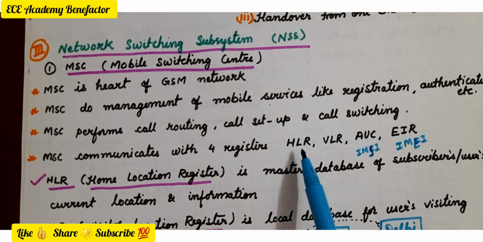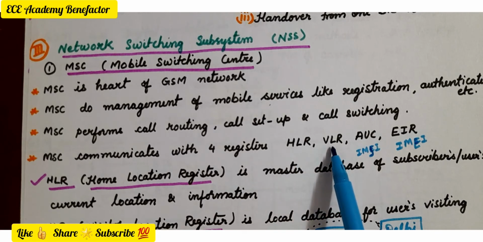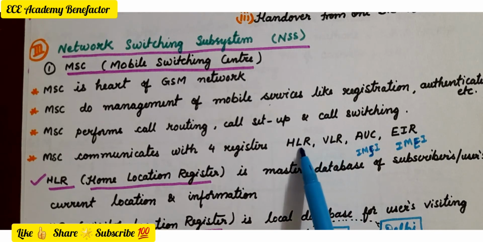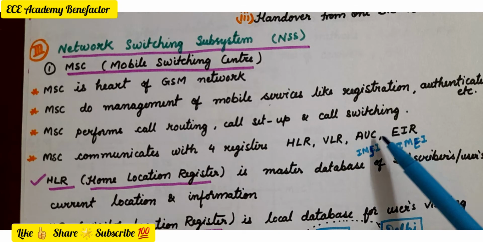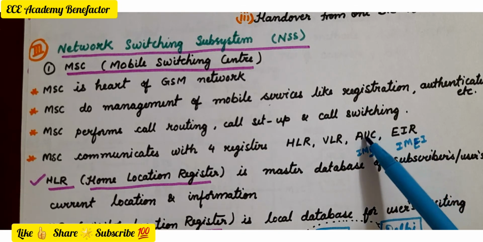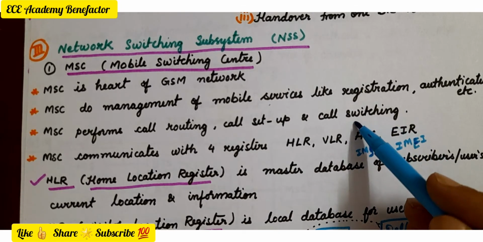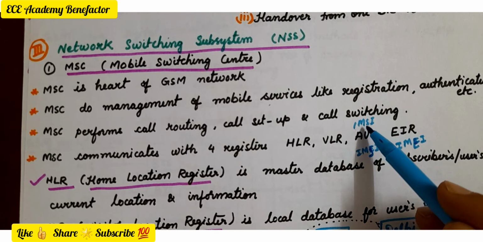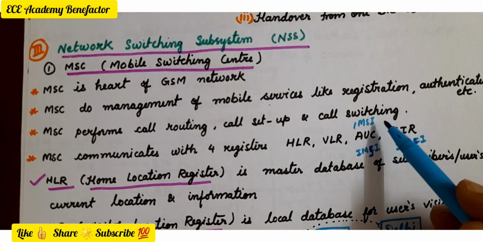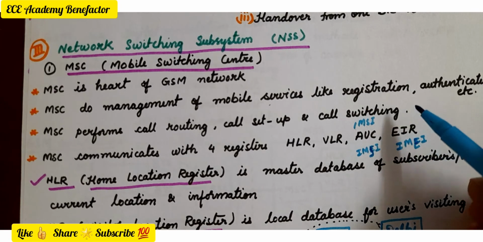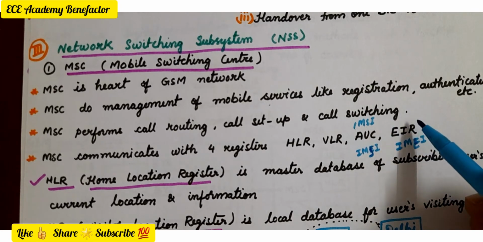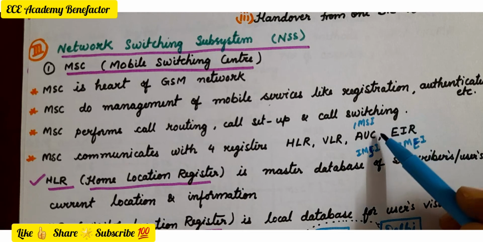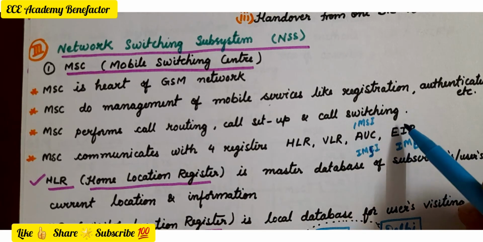Okay. So, master database, local database containing the user information, and then authentication center will hold the information about IMSI, International Mobile Subscriber Identity. AUC is a protected database.